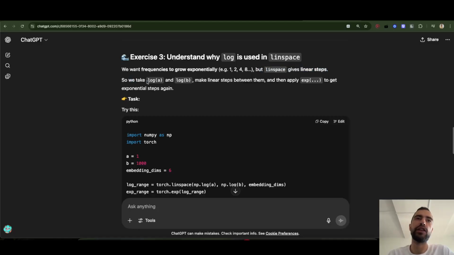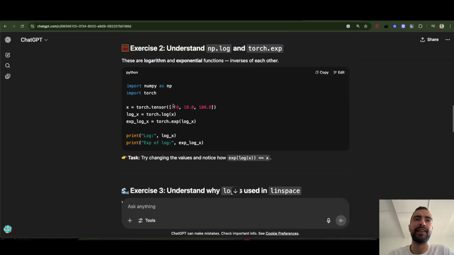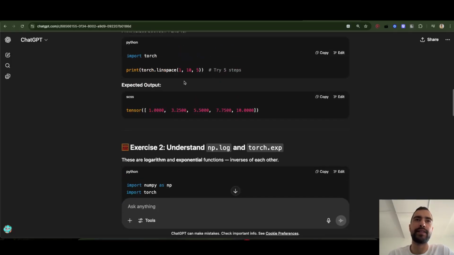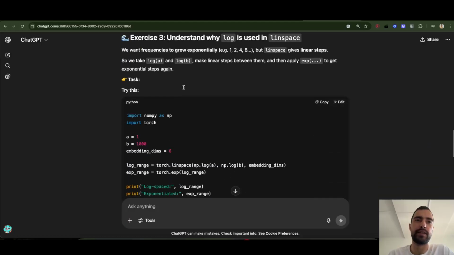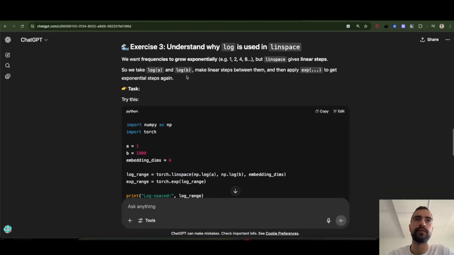So we take log of A and log of B. Those are the starting and ending points in the linspace, A and B, from where to where linspace goes. Make linear steps between them, and then apply exponential to get exponential steps again.